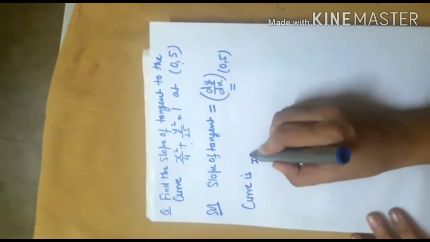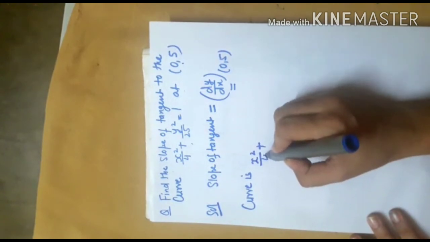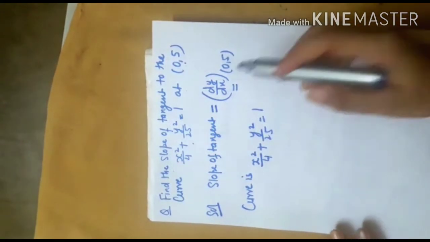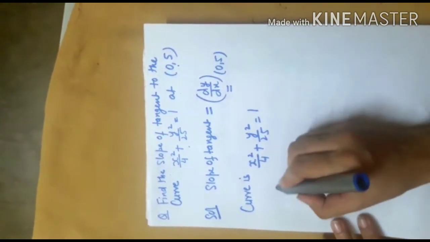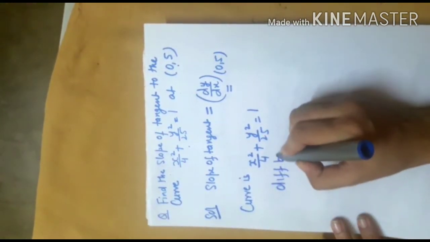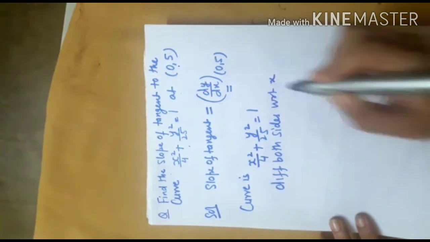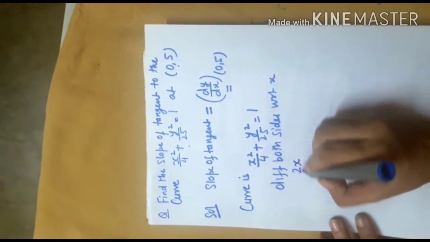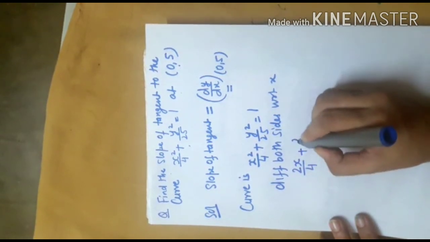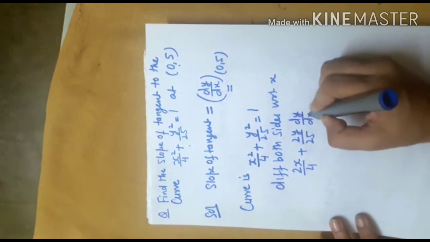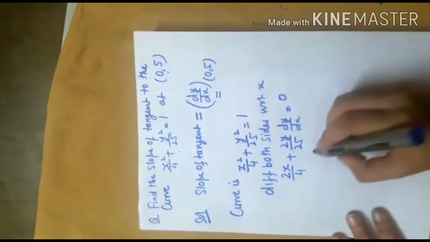Curve is x square by 4 plus y square over 25 equals to 1. I need to find out dy by dx. So differentiate both sides with respect to x. Here I'll get 2x over 4 plus 2y over 25 into dy by dx equals to 0.